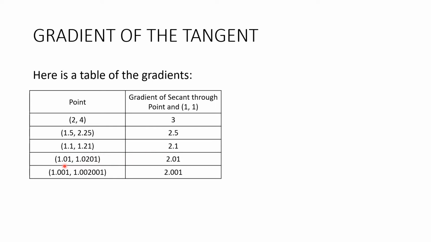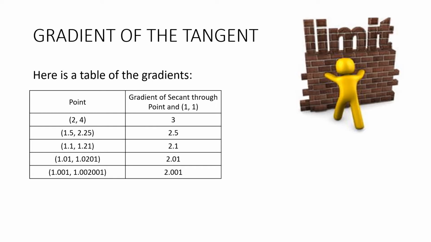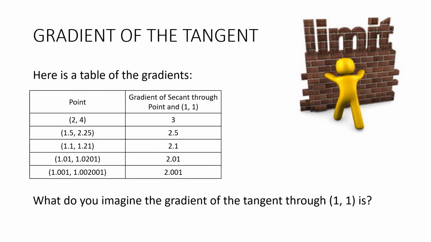Now, if I say the x-coordinate is 1.01, the gradient is 2.01, and at x is equal to 1.001, I have a gradient of 2.001. So what do you suppose is the limit? Because remember, if we get to exactly 1, our gradient is going to be undefined because we've only got 1 point. But what do you think these gradients are approaching? How about 2?